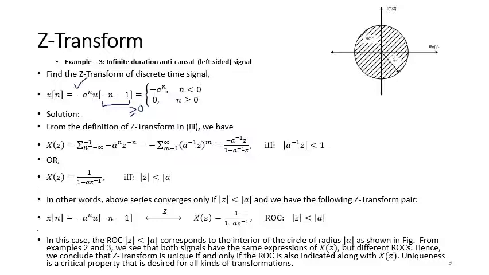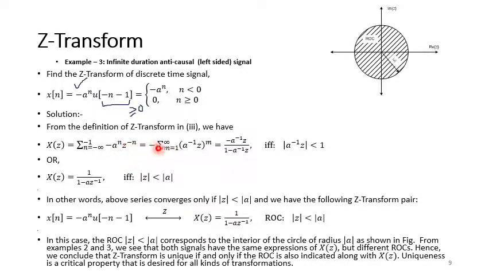So let's apply the equation. Because originally in the equation we sum from minus infinity up to infinity, in this case n cannot be greater than minus 1, so we will sum it with n running from minus infinity up to minus 1, and we write the signal minus a to the power n times z to the power minus n.